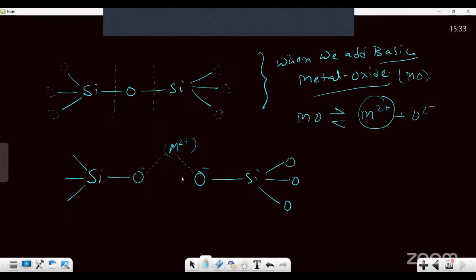So this kind of bond breaking takes place when I add the basic metal oxide. This lowers the viscosity of the slag.